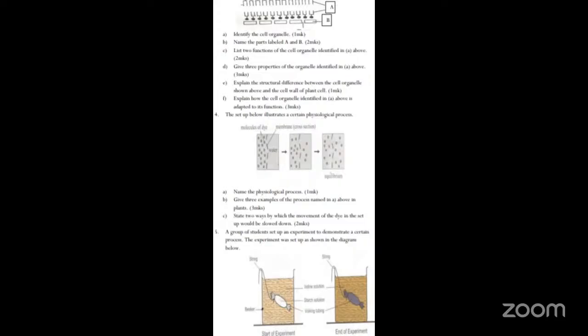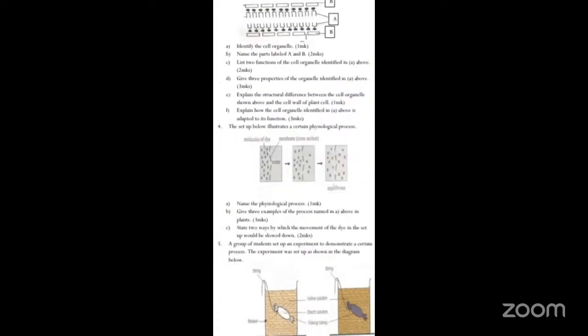When you look at that setup, we have molecules of dye on one side, then we have water, and across we have a membrane. In the second setup, you will see some molecules moving from the region where we have the dye to the region where we have water.